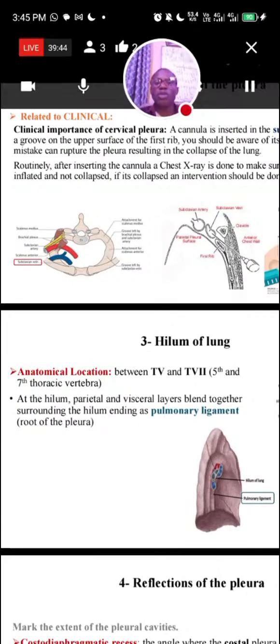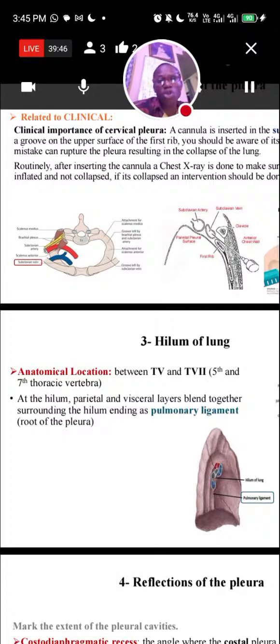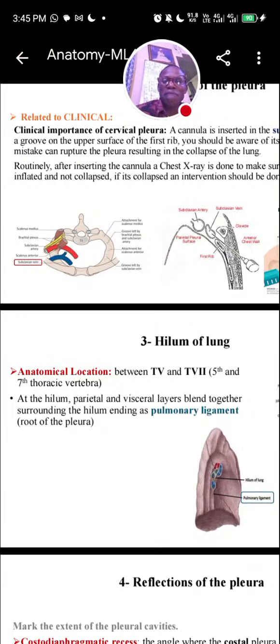Remember, when we talk about thorax, with T1 to T4, we have MASS. M for mandible, A for aorta, and S for sternal angle of Louis. That was for the superior mediastinum. T1 to T4. Now T5 to T7, you are seeing hilum of the lungs.